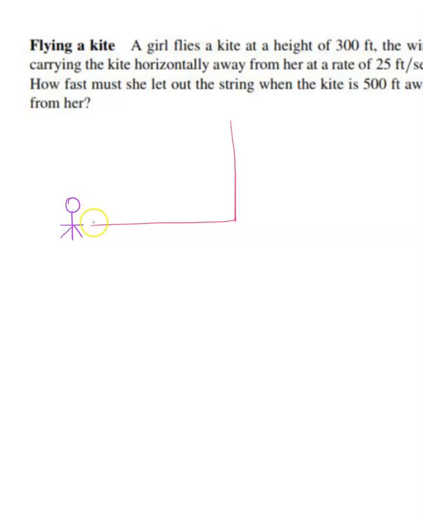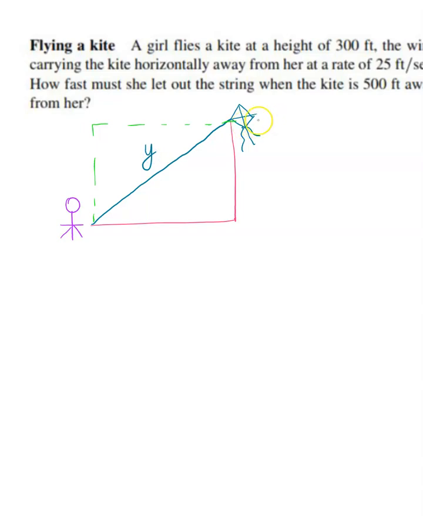That string and the kite that it's attached to is floating there. The wind is carrying the kite horizontally away from her. So you can think of the horizontal action as going horizontally away from her, that way. Now this blue piece, this length, the string, that's going to change, right? So let's call that y.